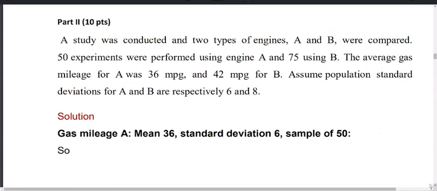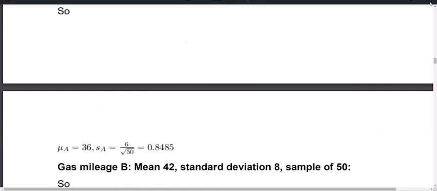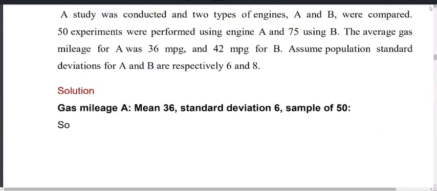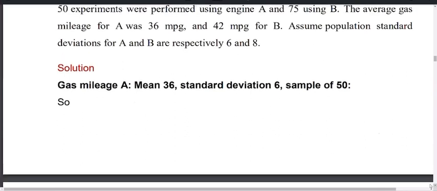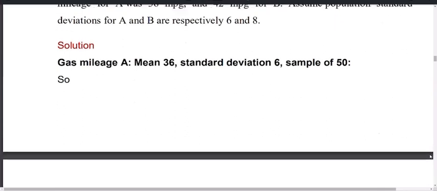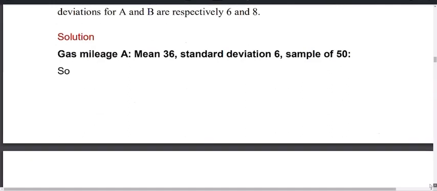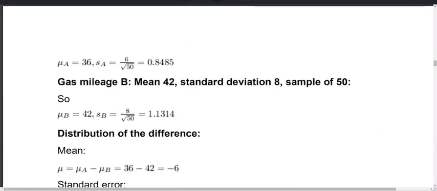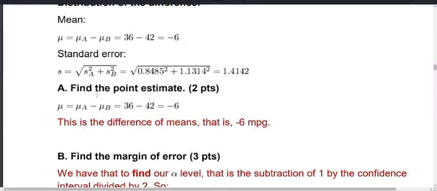Now take a look at this. If they wanted to perform a z-test on this, I'm collecting my data here: my mean, my standard deviation. The first question is to find the point estimate of the difference.